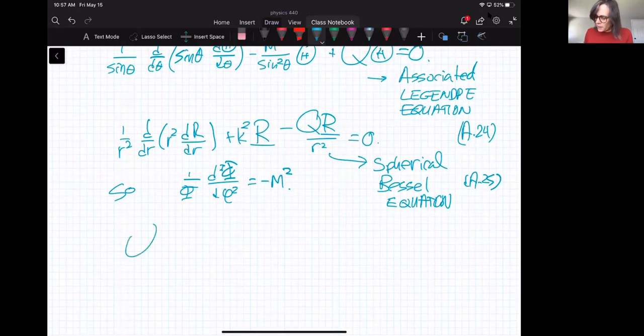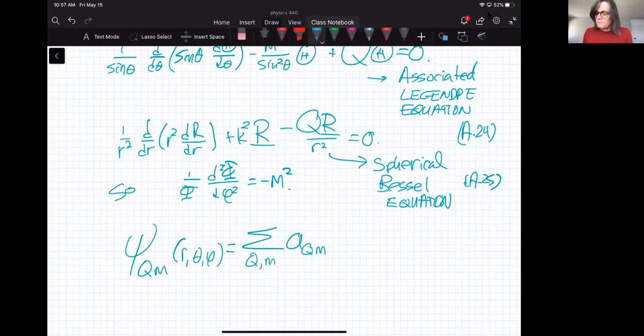That means that we can write psi of qm of r, theta, and phi is equal to the sum over q and m of some linear combination constant of R sub qm of r, theta sub qm of theta, and phi sub m of phi.